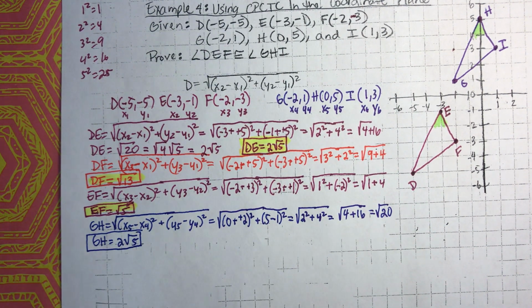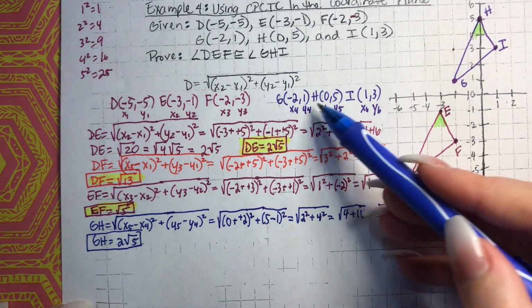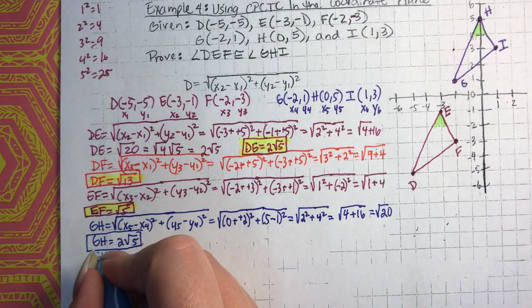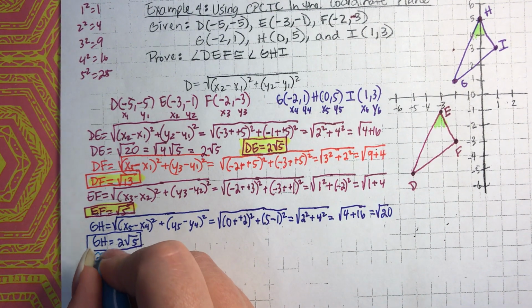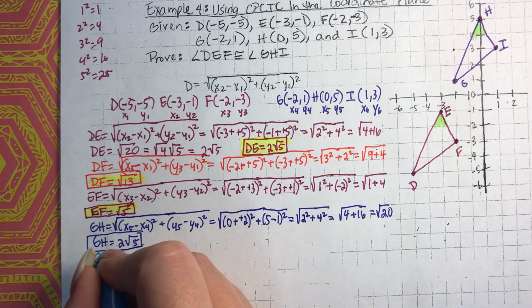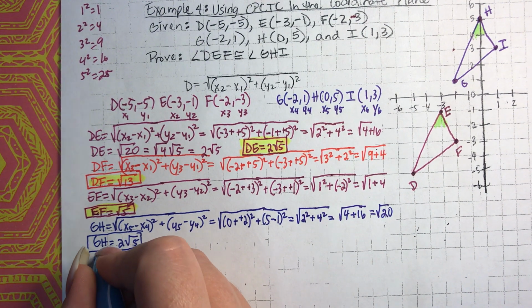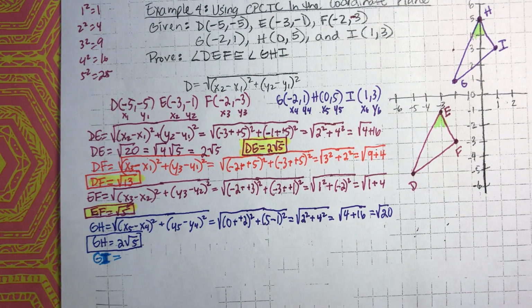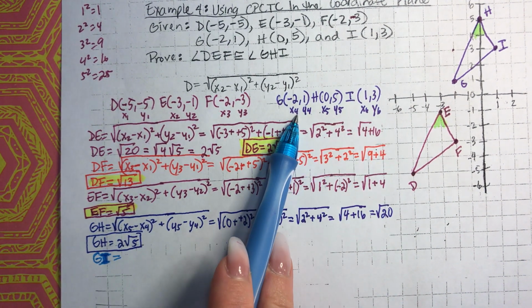Okay, so GH, let's do GI. I'm going to use just a different shade of blue. GI, oh, that's not an I at all, is it? It's going to be a little chunky I. There we go. So GI is equal to, okay, so x6 and x4.